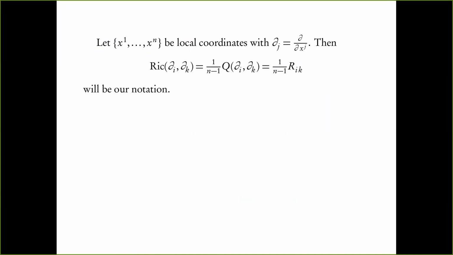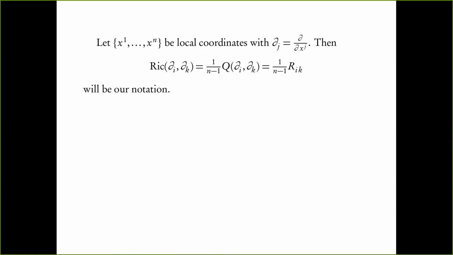So we are going to use the notation Rik, and this is again following do Carmo. Rik is going to be nothing but, up to a factor of 1 over n minus 1, the Ricci curvature of del i, del k at P. So it is just 1 over n minus 1 of Q, the bilinear form Q acting on del by del xi, comma del by del xk.